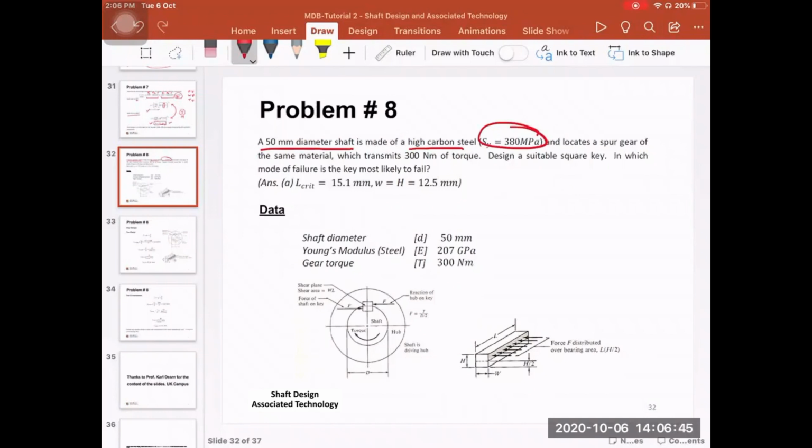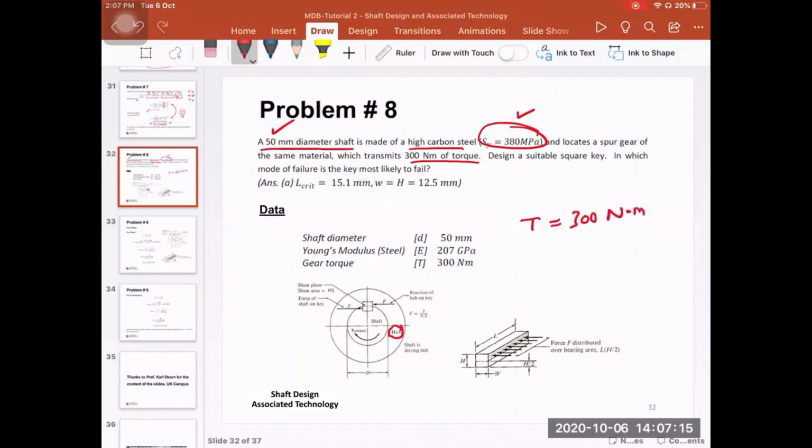So the diameter of the shaft is given as 50 millimeter. The material of the shaft is given, carbon steel, and we know that the hub here is for a spare gear. It is made of the same material as the shaft, which transmits 300 Newton meter of torque. So the torque value here is given as 300 Newton meter.